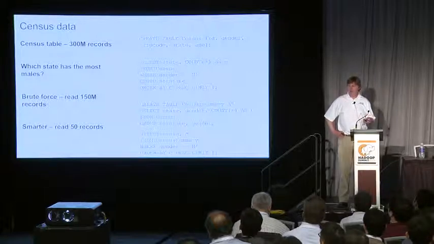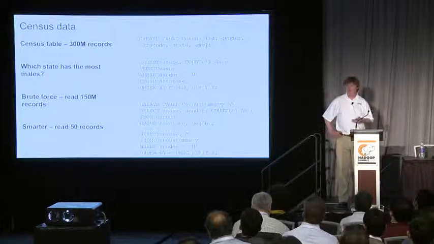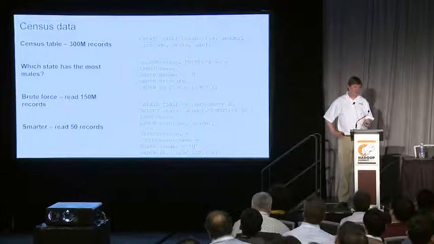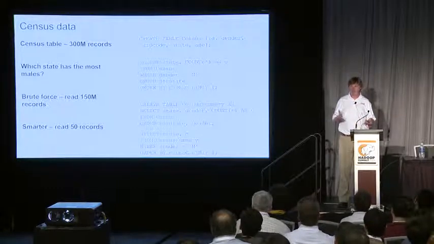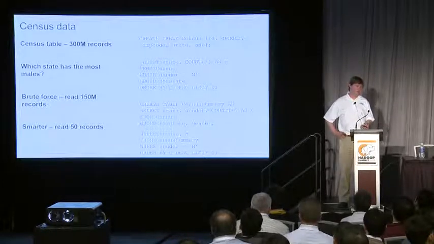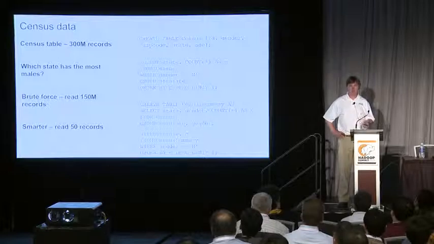Any of those questions, you're probably going to have to read the entire 300 million records. If you've got a Hadoop cluster with 1,000 nodes, it probably isn't going to take very long, but it still takes a lot of brute force. And it's a dumb thing to do, because if you're going to ask a lot of questions about individual states, it just makes sense to use summaries.